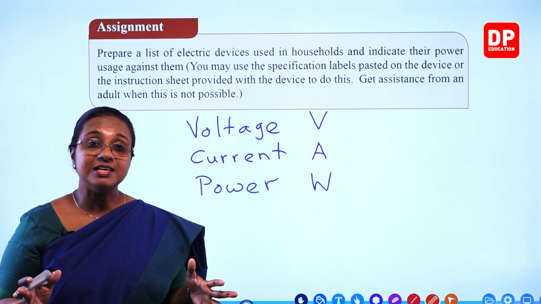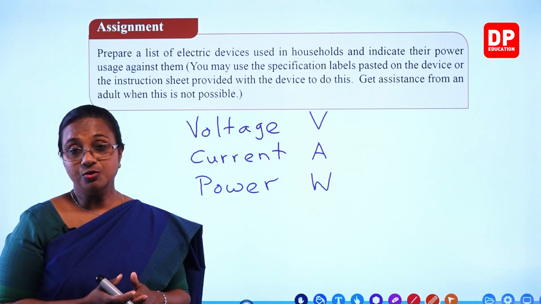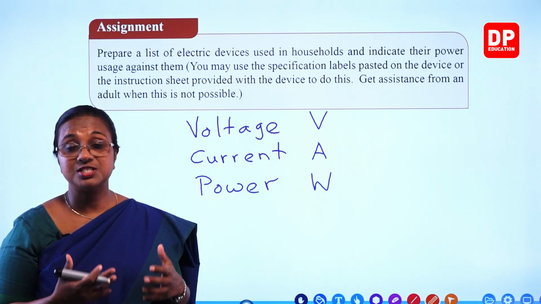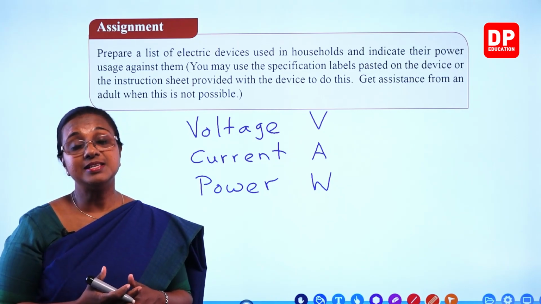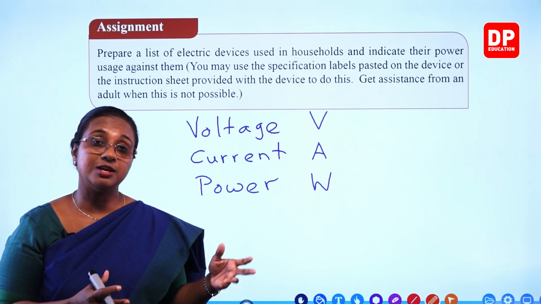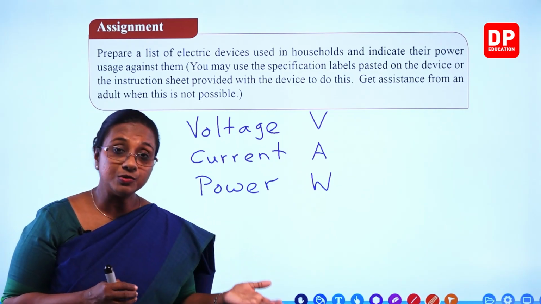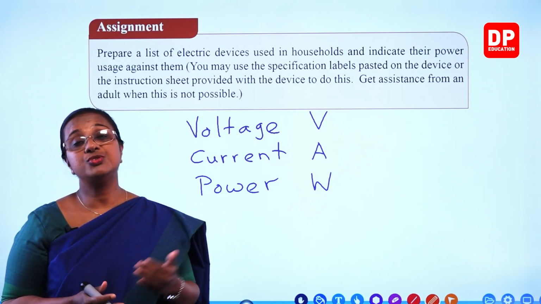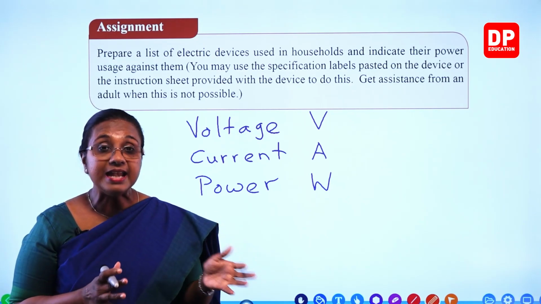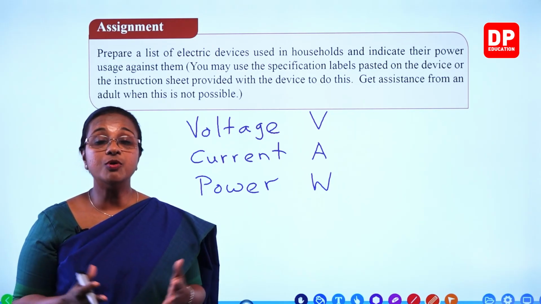So make that list so that you will know which appliance is more efficient for your particular purpose. So if you know that, in future you can use electricity and conserve electricity more efficiently.